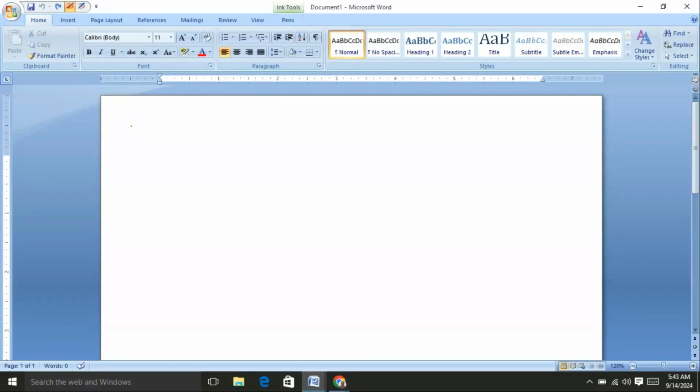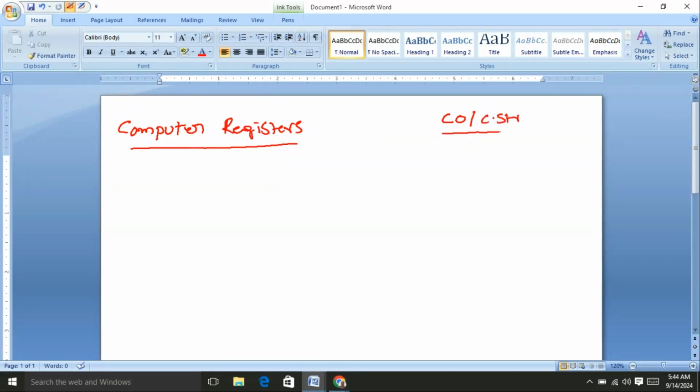Discuss about the computer registers in computer organization subject. Friends, we already know that the computer organization or computer structure is best defined by three things.